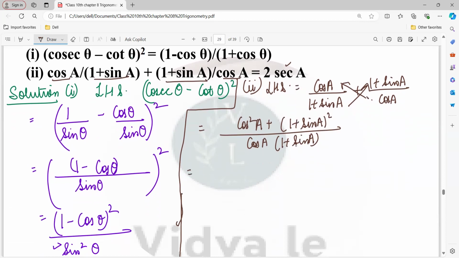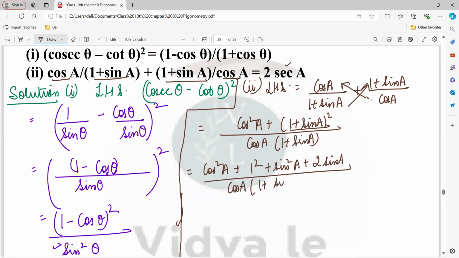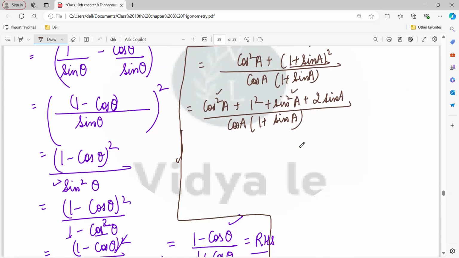Now, it is cos square A. Now we'll apply the identity here. A plus B whole square is A square plus B square plus 2AB, right? And in the denominator, we have cos A into 1 plus sin A. Now, this cos square A plus sin square A is equal to 1.